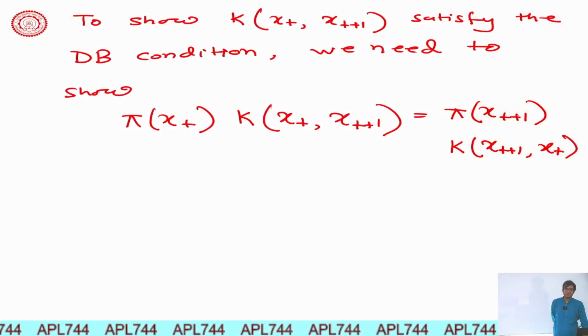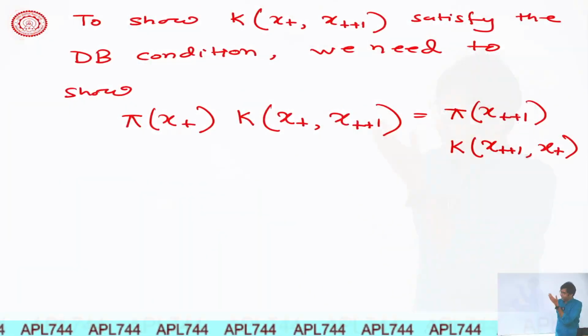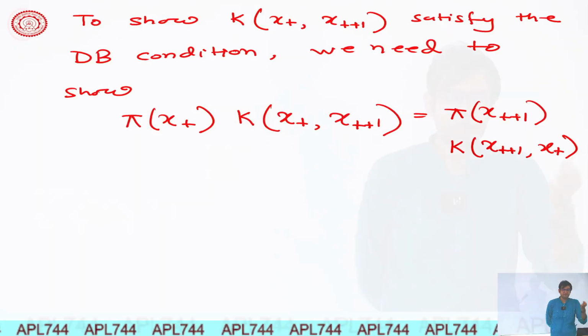Okay. So this is the detailed balance condition, and by looking at this equation, you know why it is called the reversibility condition, because it's basically reversing xt and xt plus 1, right? So now we'll take the left hand side, substitute k from the previous slide, and try to prove that we arrive at the right hand side. Simple.